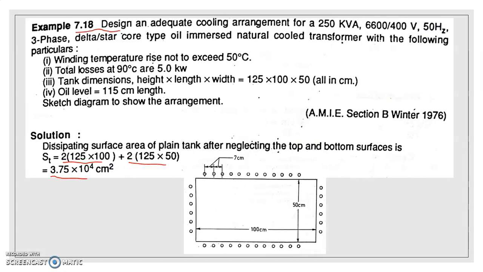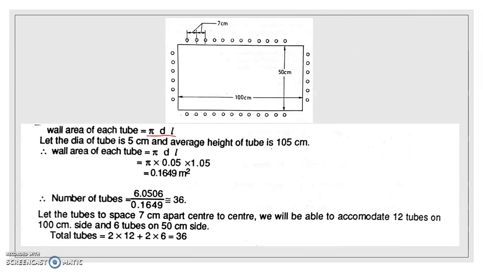So we take the average as 105 because the cooling tube should appear between the oil level. With the margin at the bottom of 5 centimeter and from the oil level of 5 centimeter, you can consider it as 105 centimeter. So the average height of the tube is 105.